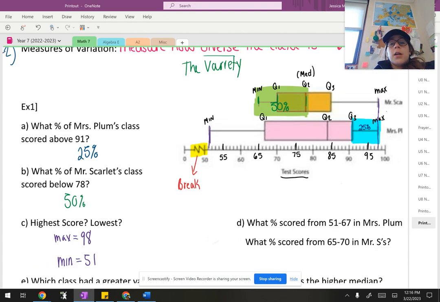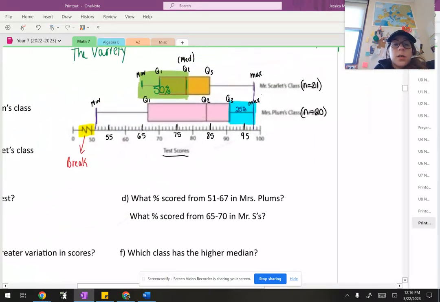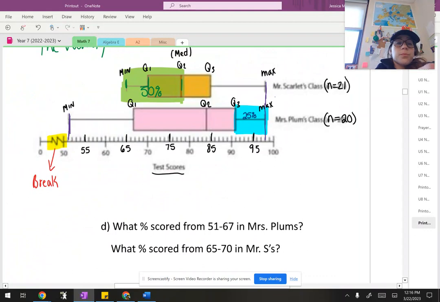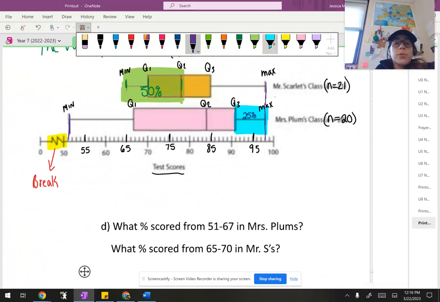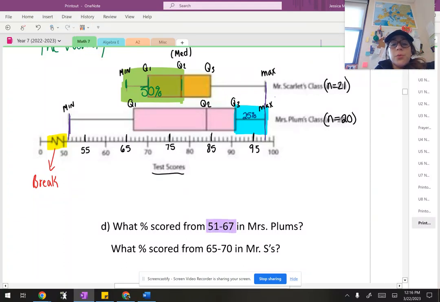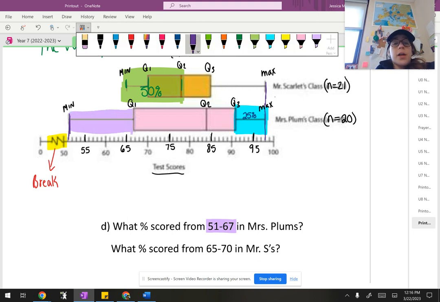Okay, for D. More percentages. They love asking percent questions when it comes to these box and whisker plots. What percent scored from a 51 to 67 in Mrs. Plum's class? So 51, that was the minimum, to 67, that's right about Q1. So what percentage is that? That's one group, one section.